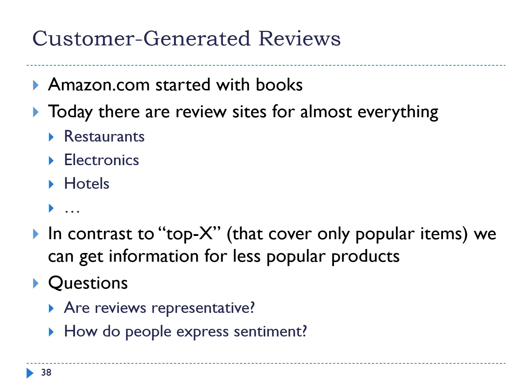In contrast to Top X, which means the reviews cover only popular items, these days we can get reviews for less popular products. Here are two questions that I want to ask. Are the reviews representative? How do people express their sentiment when they review products or services?